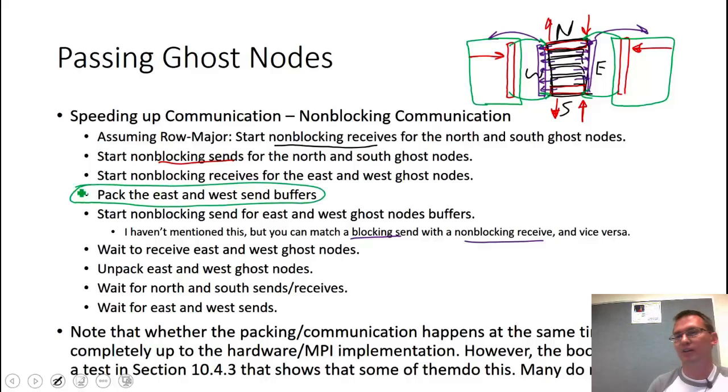So this is the calculation part. So we can communicate our north and south and do our packing work at the same time. And we hope that our unpacking is done while everything else is being sent and received.